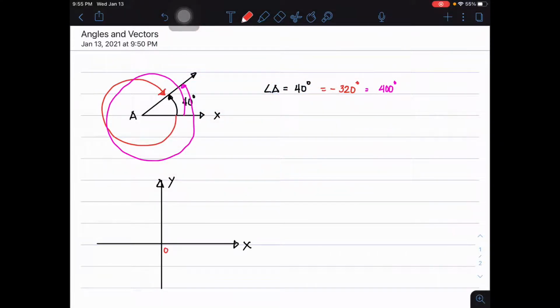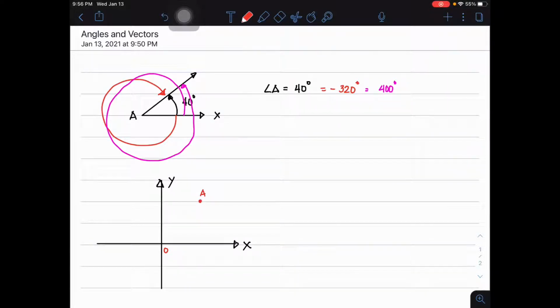Now I want to incorporate the discussion of the Cartesian plane with the rectangular form and polar form. So let's say we have a point somewhere around here. Here is our point A.